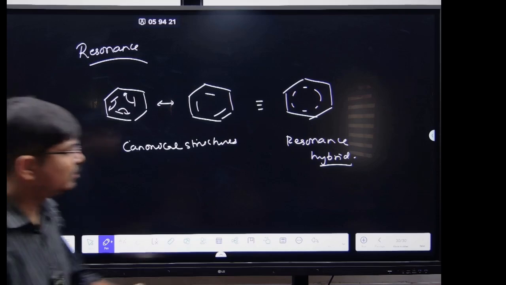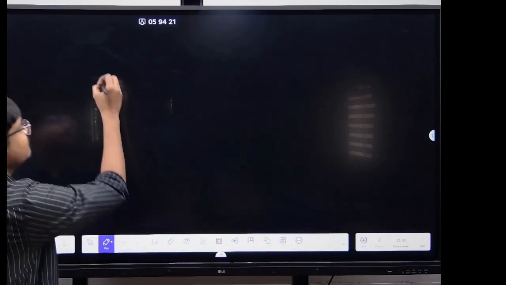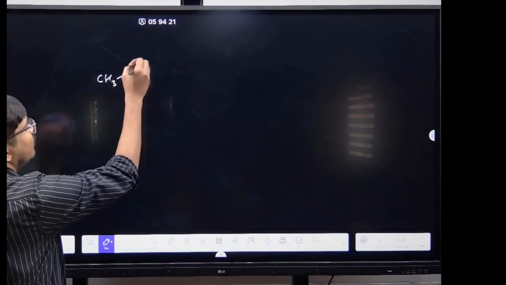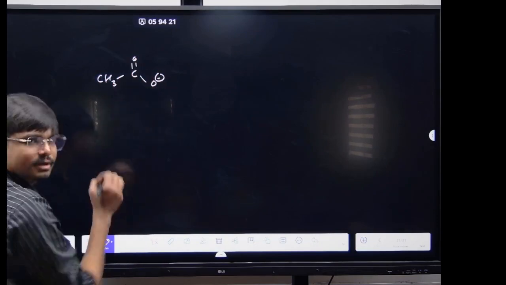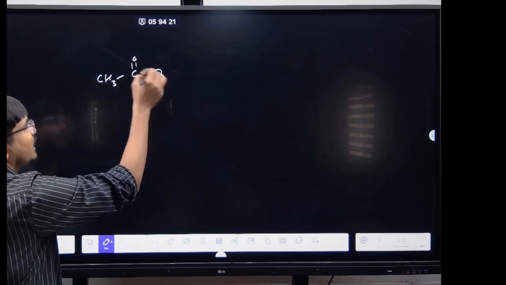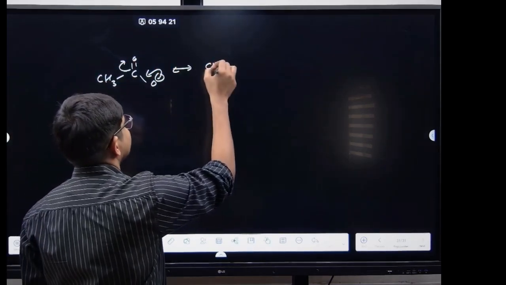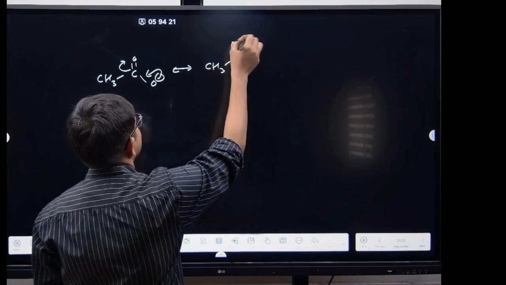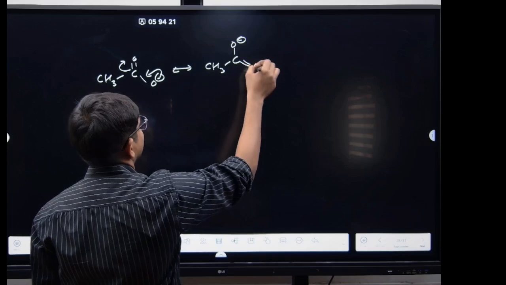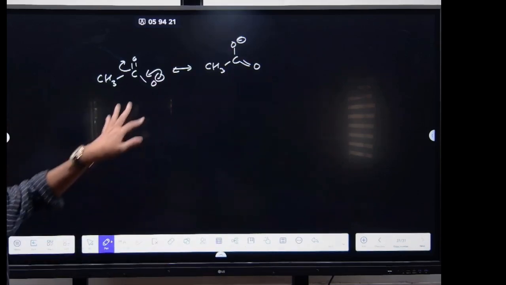And see another example, suppose you have CH3-C=O with the negative charge. Got it? So what will happen? This will go like this. So the resonating structures will look like CH3-C-O minus with the double bond. These are the resonating structures.